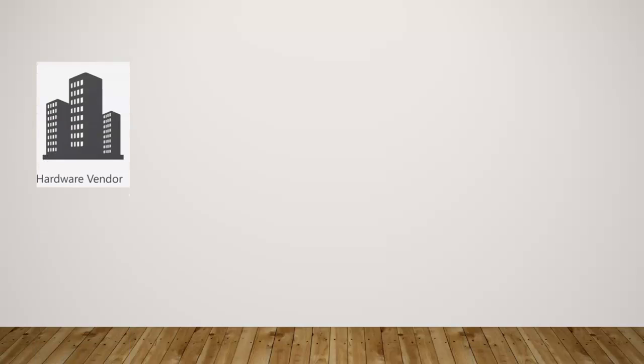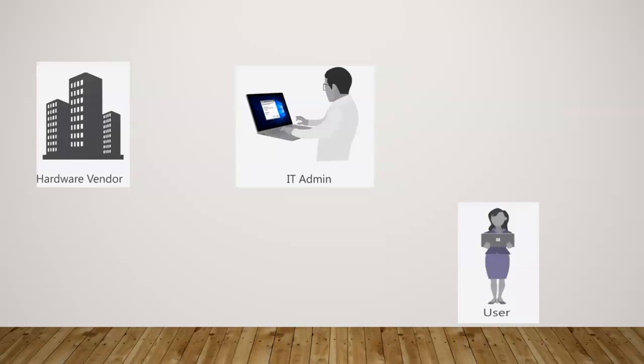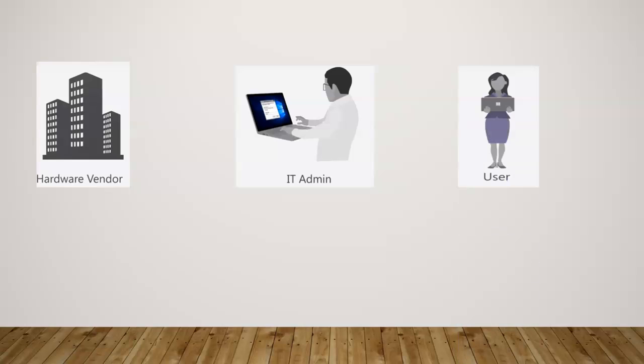Let's talk one more time about it, with another way of explaining. You have a hardware vendor, and you also have the IT admin, or you as the Intune admin. You take the hardware directly, work on it, and deliver it to your end user.